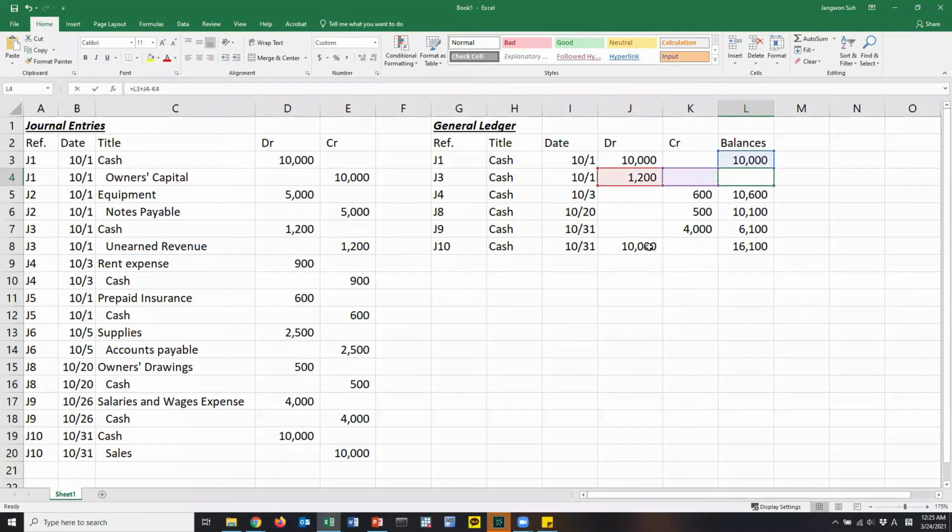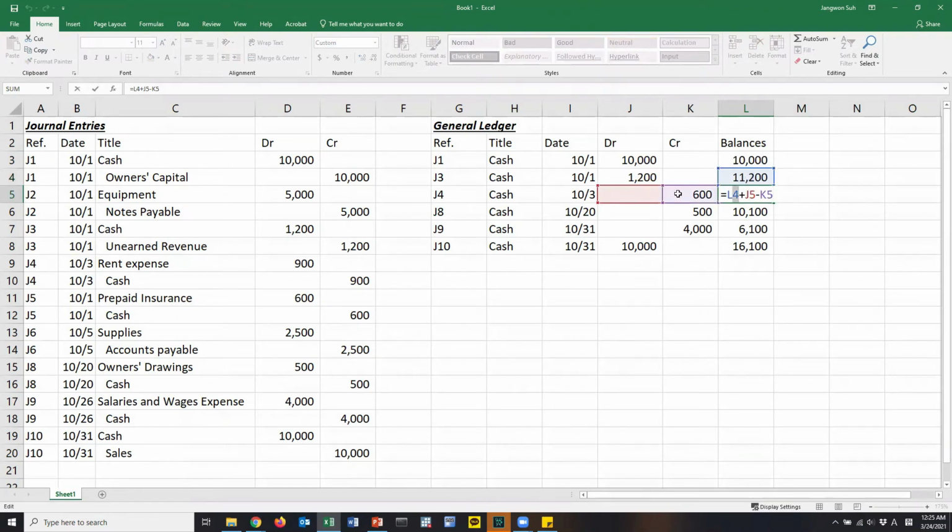Again, what's happening here? As you copy and paste, Excel does its job. Here what you see is L3 plus J4 minus K4. As you copy and paste, the formulas are changed. The addresses are changed.